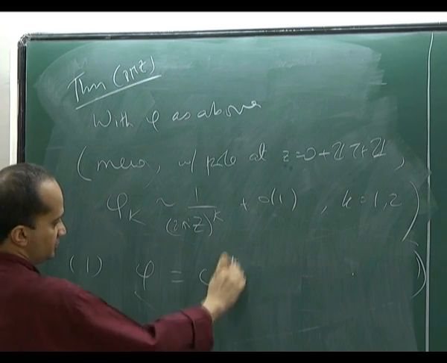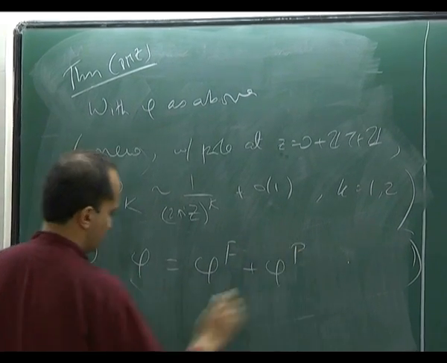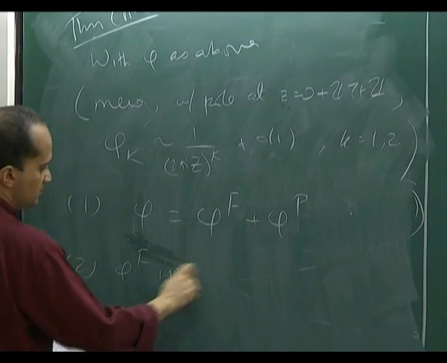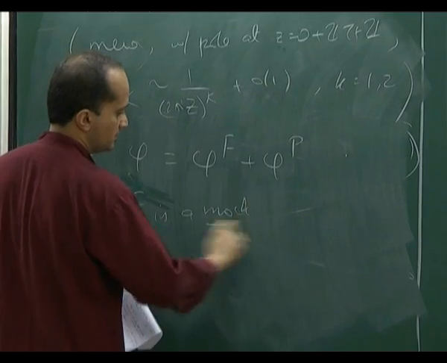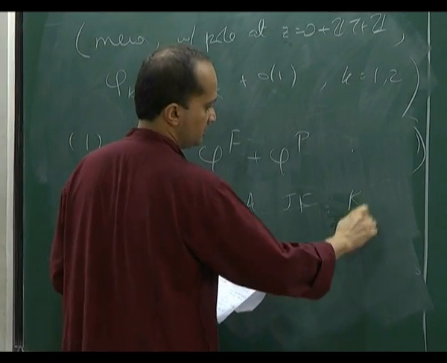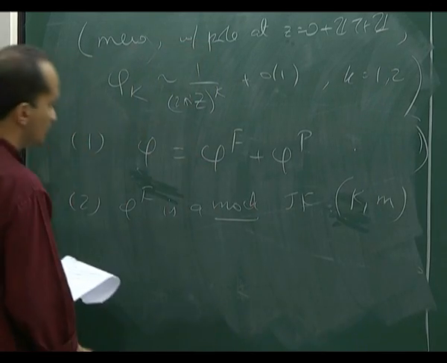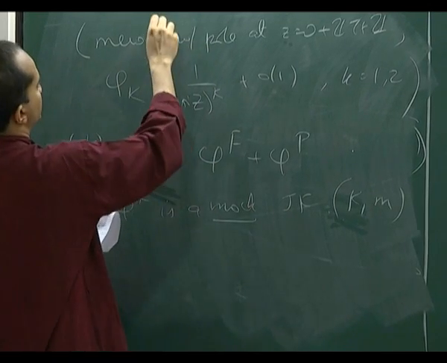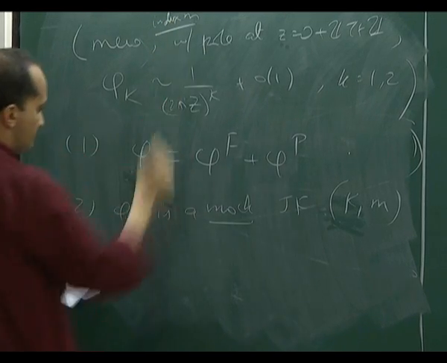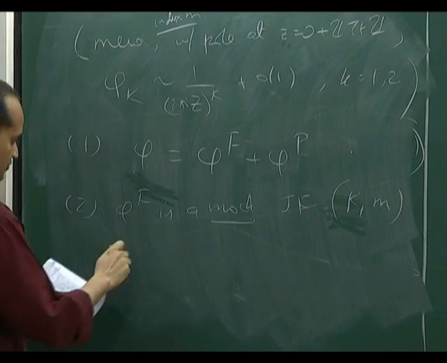First, phi is equal to phi_f plus phi_p, and secondly phi_f is a mock Jacobi form of weight k, index m, with shadow.